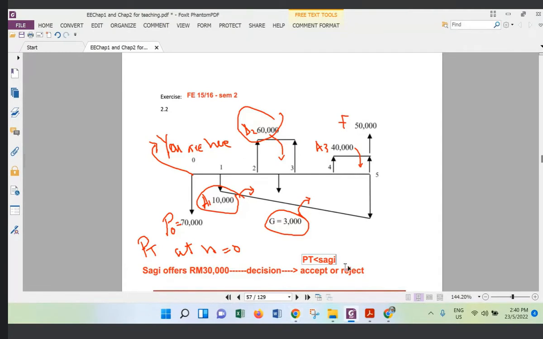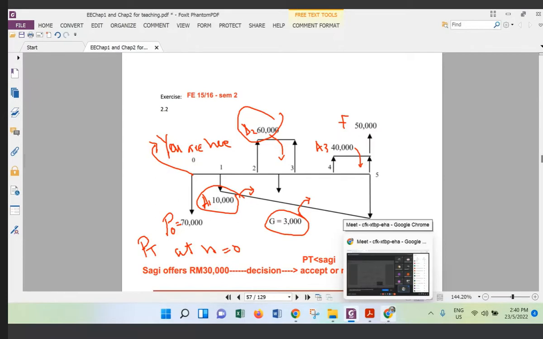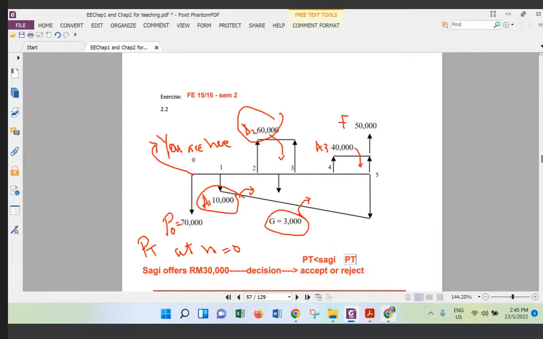If your P total is greater than Segi's offer, is your present worth greater than whatever is offered by Segi?